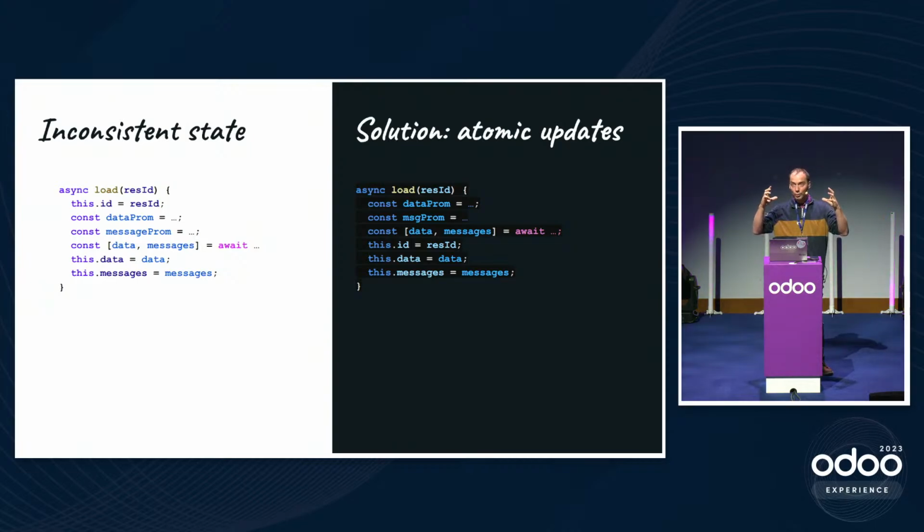You want to move the line that sets the ID to the end, so it will be executed at the same time as the lines that set the data and the messages. It's a simple example, but that's a very, very common issue that you will encounter in code. Try to make atomic updates instead of setting your own state partially and then later setting some other piece of state. Okay?